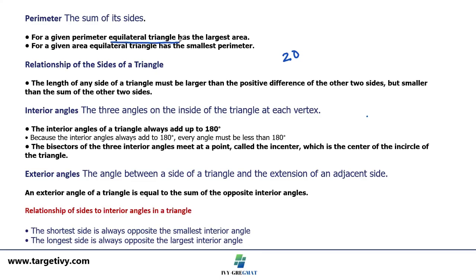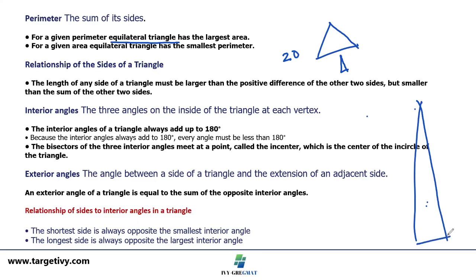An equilateral triangle will have the largest area. It's not a scalene or an isosceles triangle. Say the perimeters are the same. It can be a long triangle, an equilateral, an isosceles triangle, or some haphazard kind of triangle, but the equilateral triangle will have the largest area for a given perimeter.